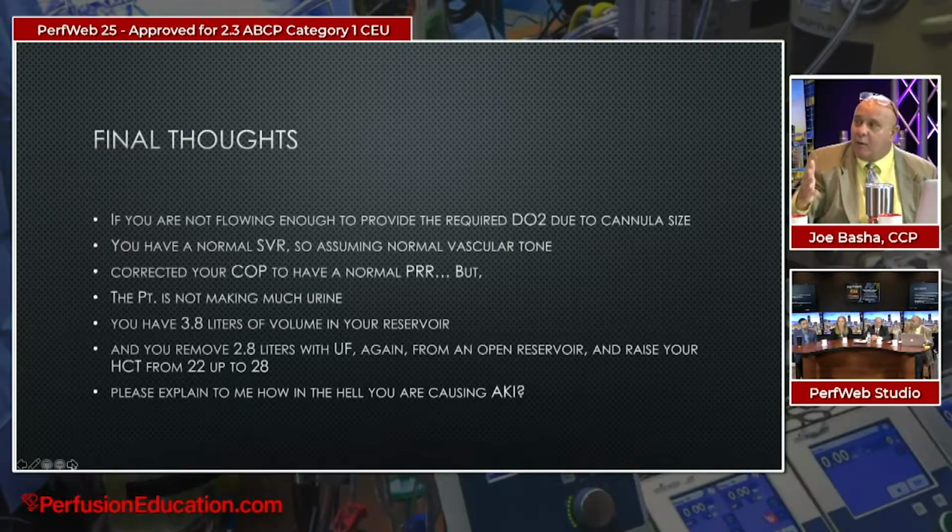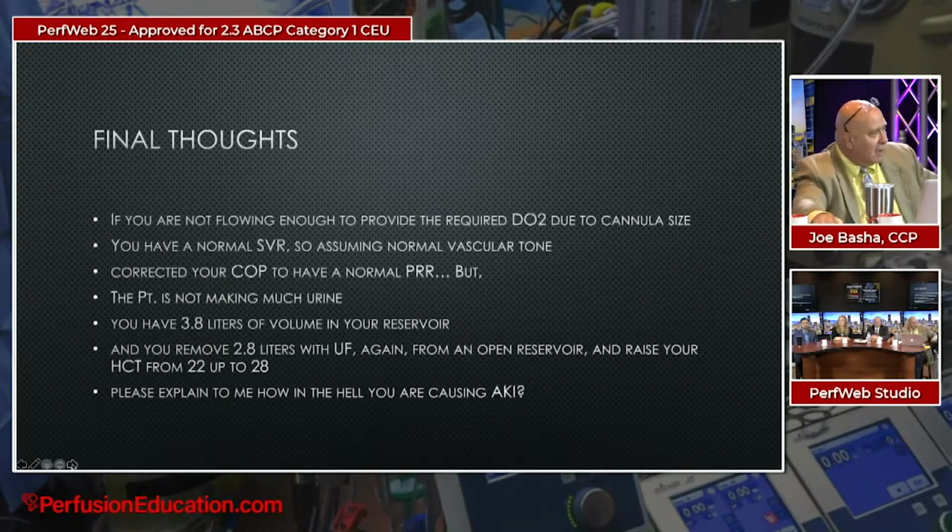Let's assume that, and there's nothing mechanically wrong. The patient has 3,400 cc's in your reservoir. You can't flow any more because you'd overflow your cannula, but it's just not enough. That's the scenario. You have a normal SVR, so you have normal vascular tone.